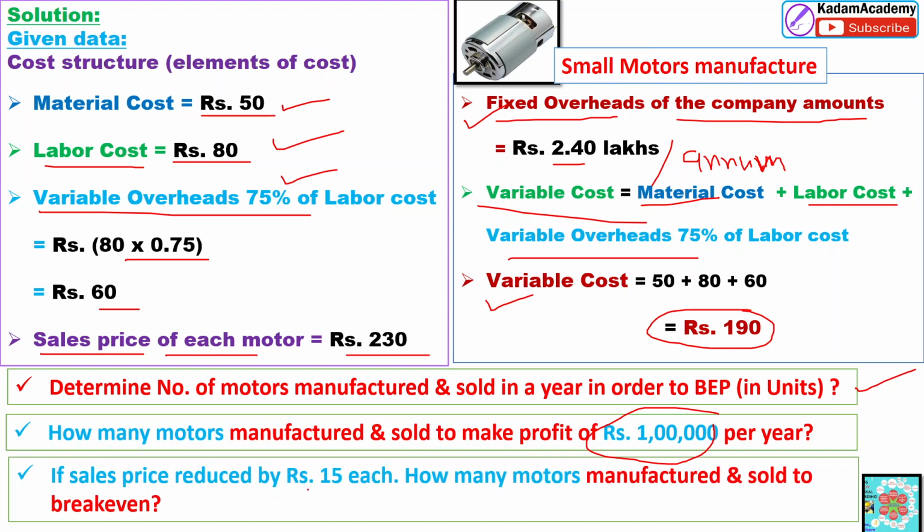Third, if the sales price is reduced by 15 rupees per motor, what will the break-even point be? So these three points we have to find out. This is the given data.